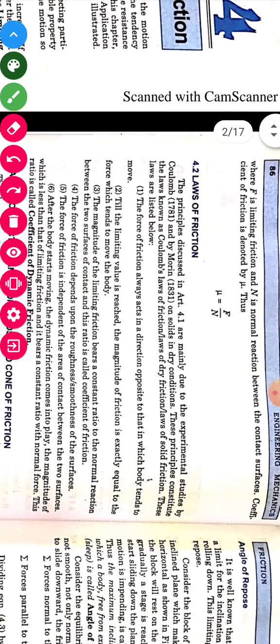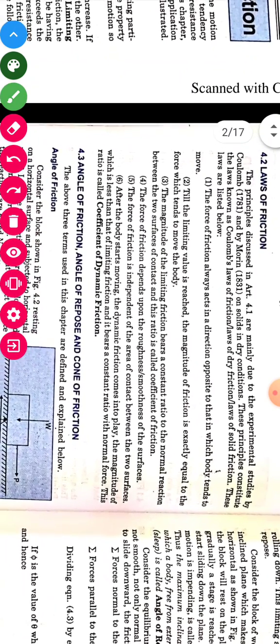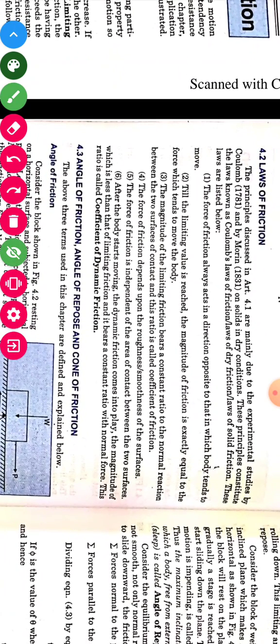Then we see laws of friction. Laws of friction we have already seen, we will just revise it. It always acts in opposite direction. These laws are about friction, frictional force or friction. Opposite direction to that in which body tends to move.